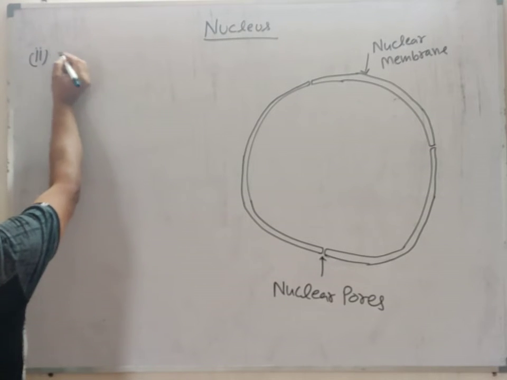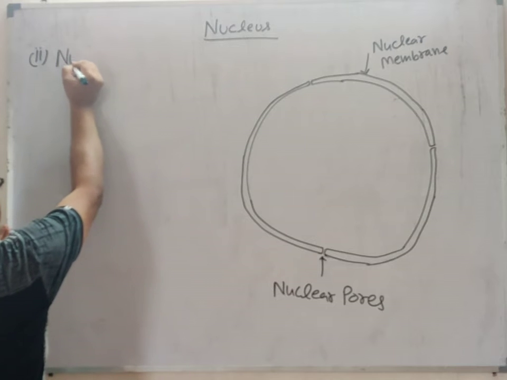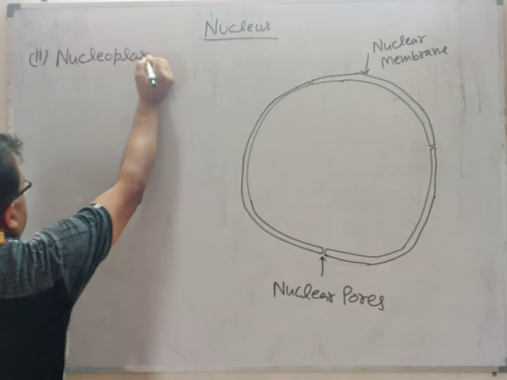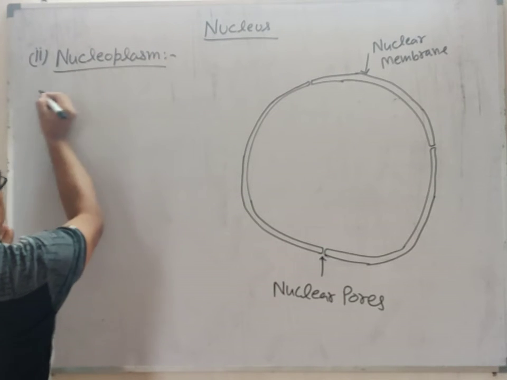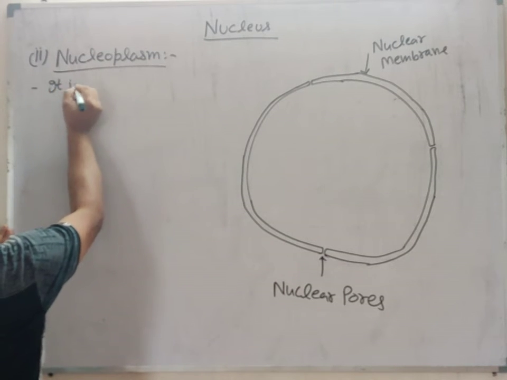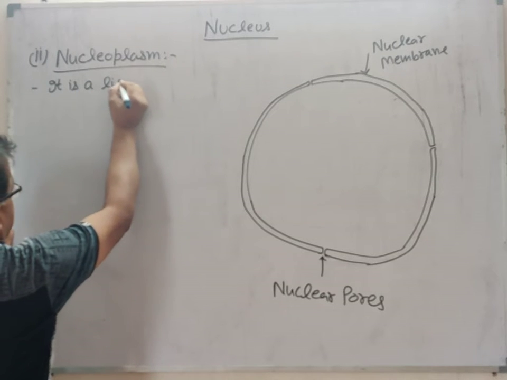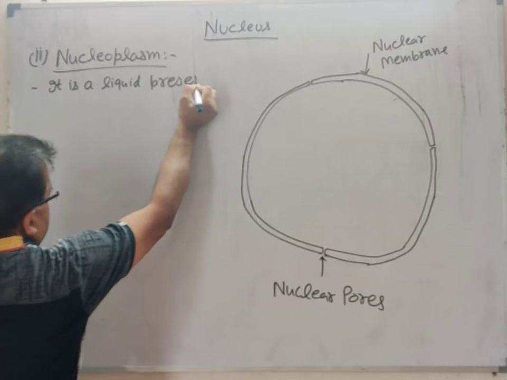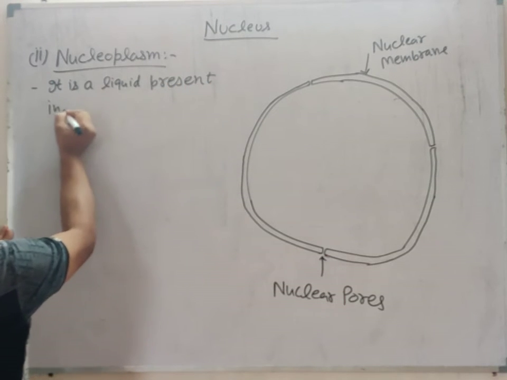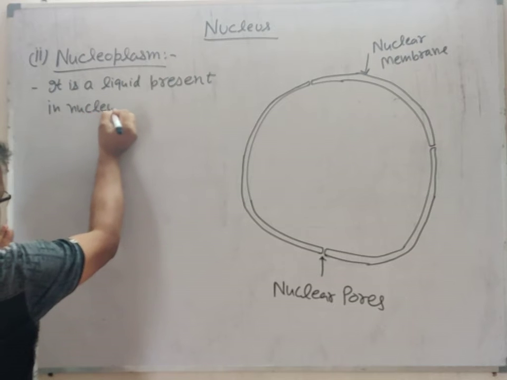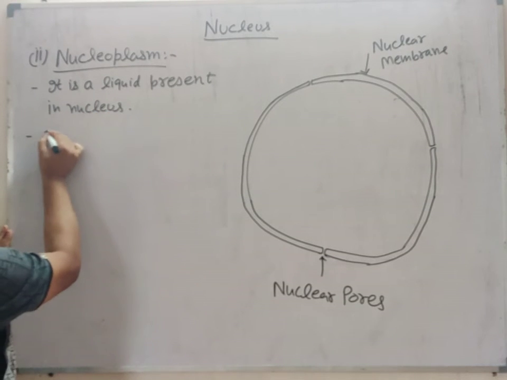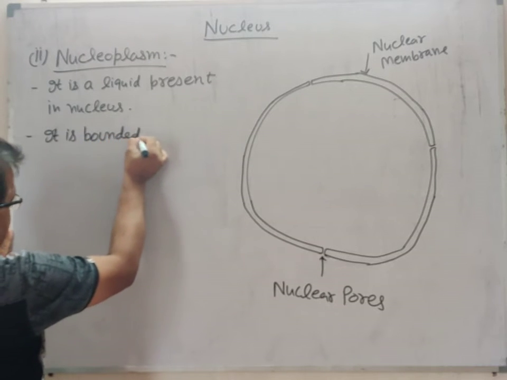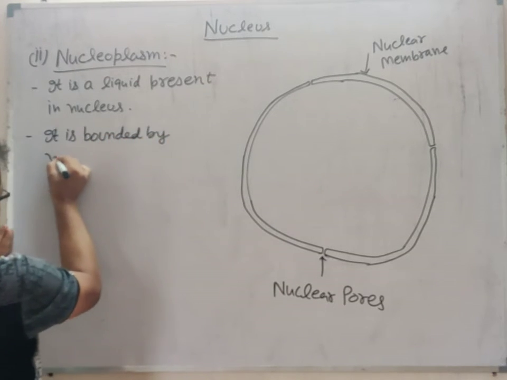Second important structure is nucleoplasm. So it is a liquid present in nucleus. It is bounded by nuclear membrane.